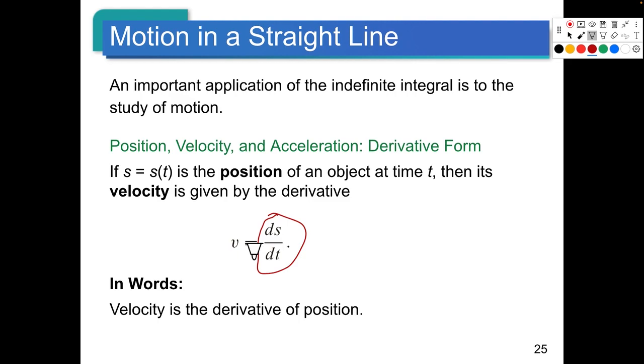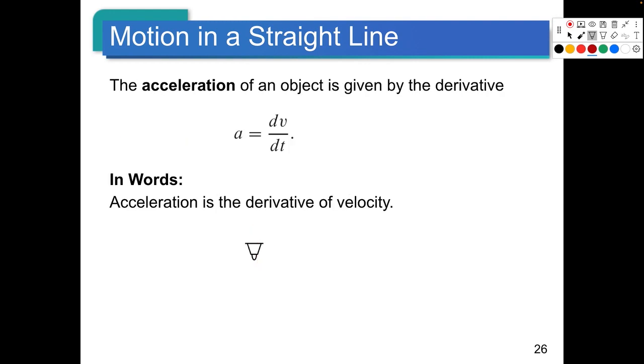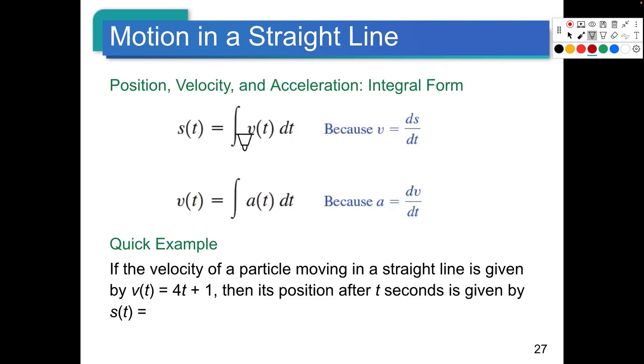I like to give a verbal explanation and then also follow it up with the written word, because we each learn differently. And if we took the derivative of the velocity, we get acceleration. Acceleration is the derivative of velocity. So if we integrate velocity, we get the position. If we integrate acceleration, we get velocity. So if we can go one way, we can go back the other way.